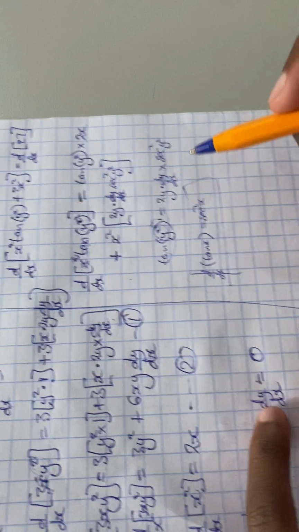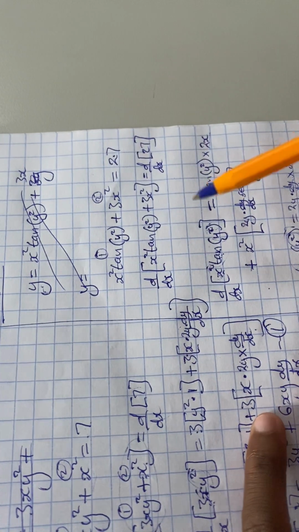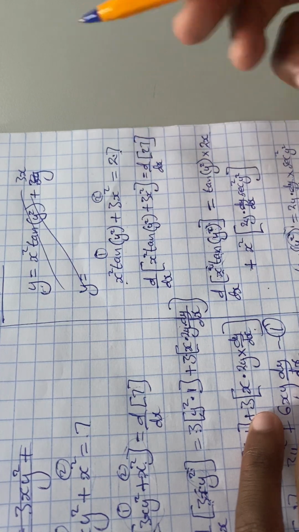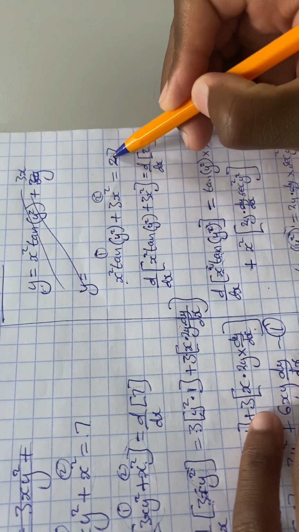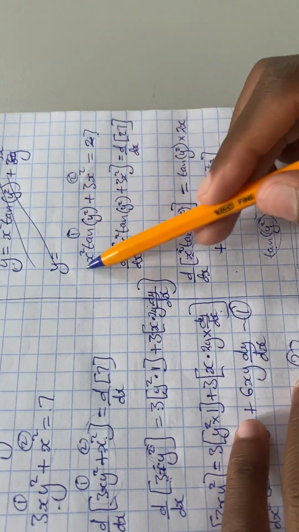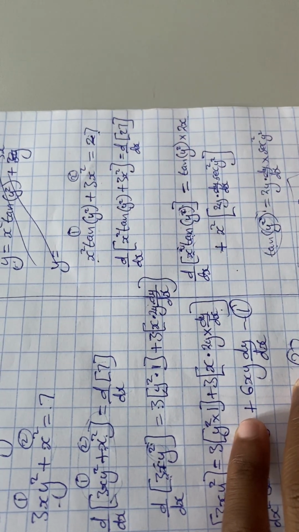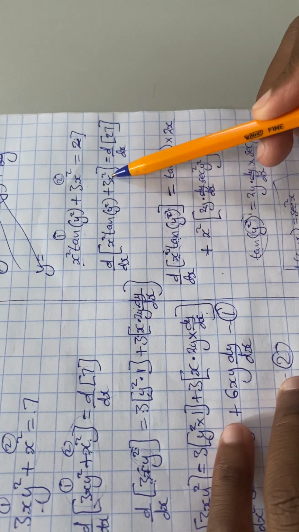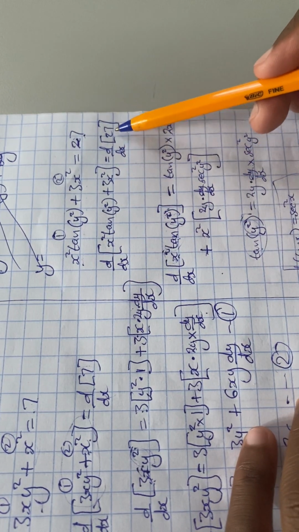Now remember we had our initial function. This is 27, not 2.7. We are finding the first derivative of this part and of this part. So d dx of these two terms is equal to d dx of 27.